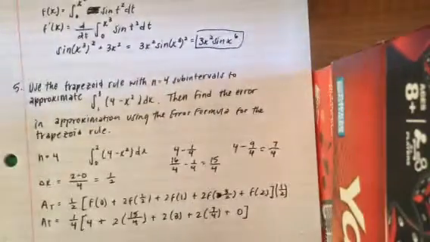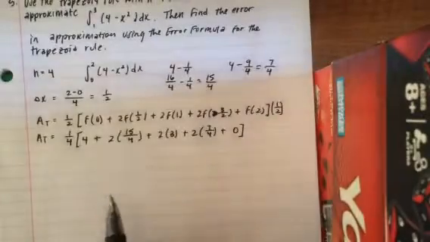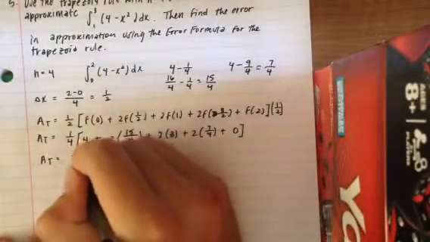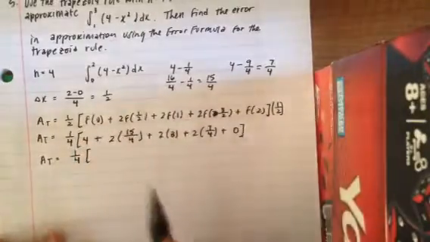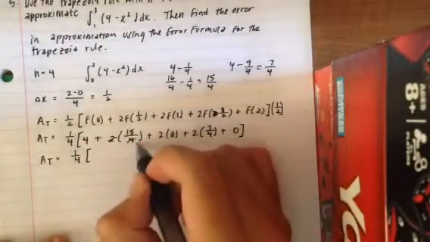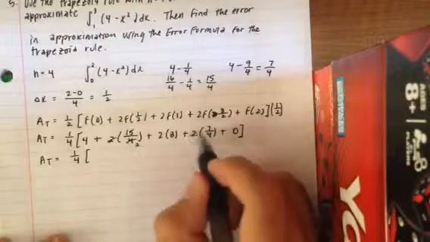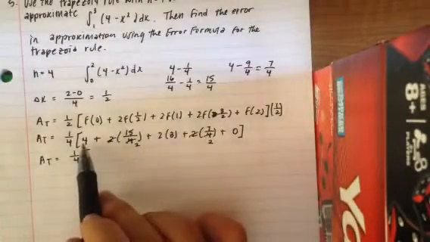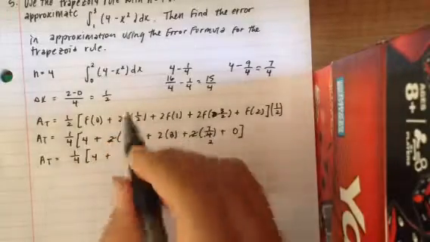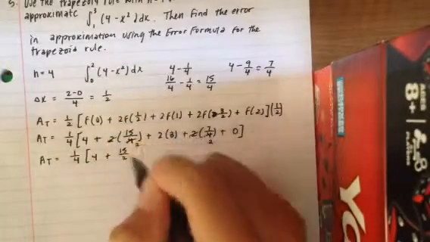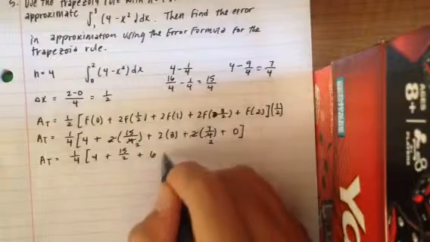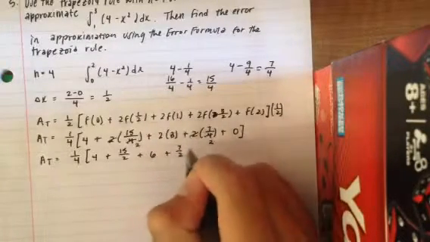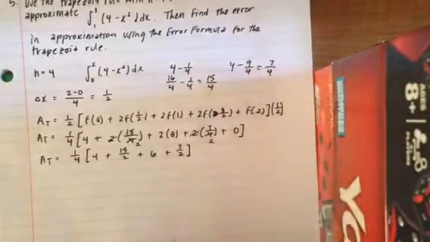So now I have to add all that up, multiply it times a 4, so A T will equal 1/4 times, these will cancel to get a 2 on the bottom. Same with these. So I'll have 4 plus 15 halves plus 6 plus 7 halves, and then the 0 is gone.